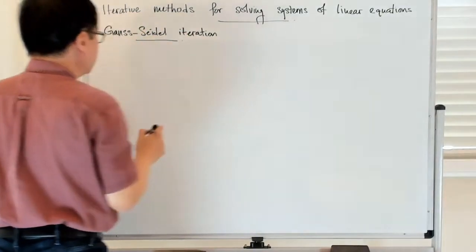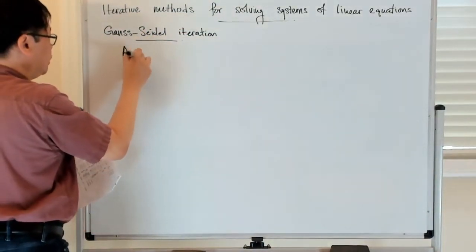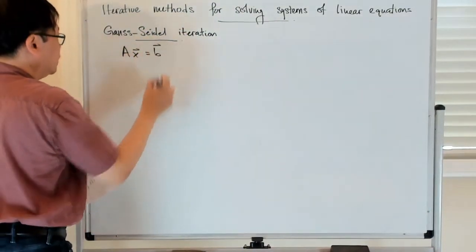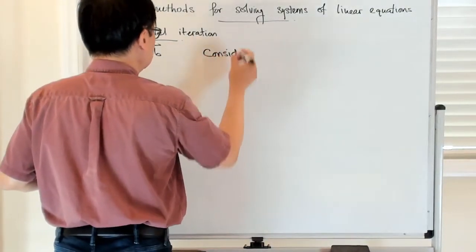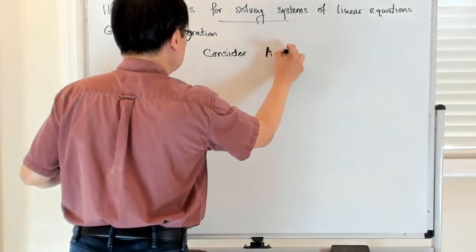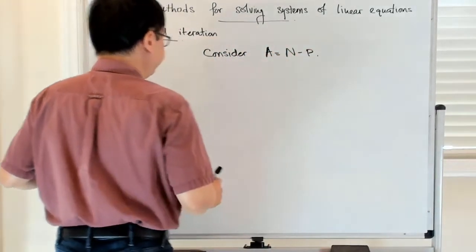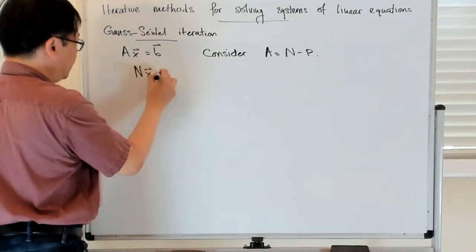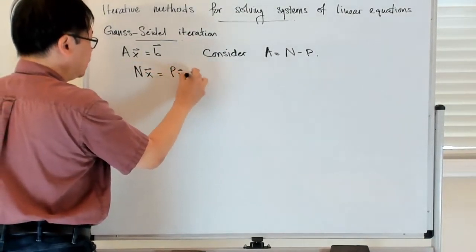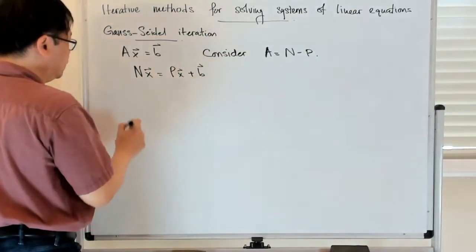So as before, if you're looking to solve Ax = b, I'm going to consider a decomposition of A into N minus P. And when I do that, I can write down the equation Nx = Px + b.